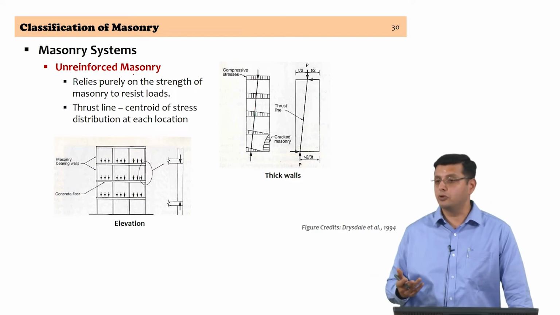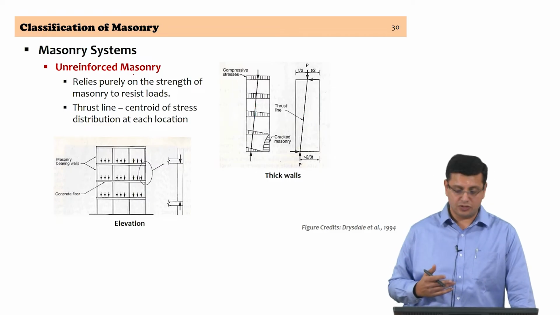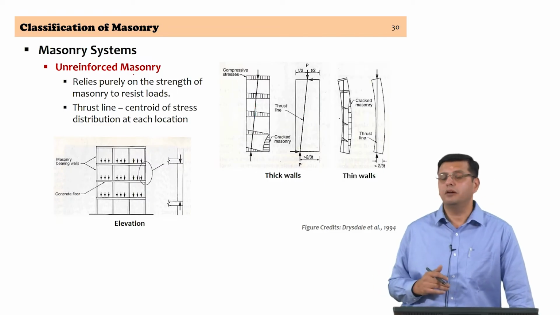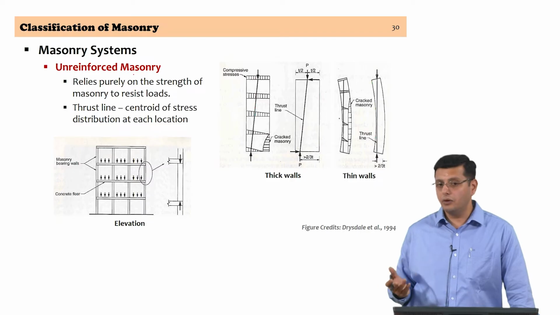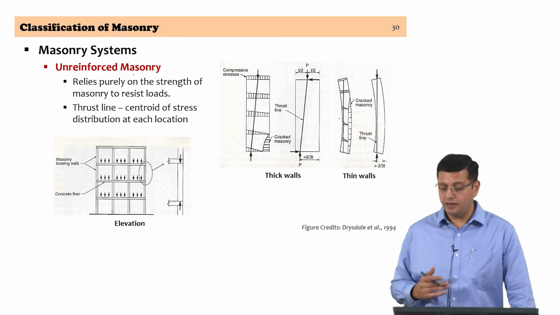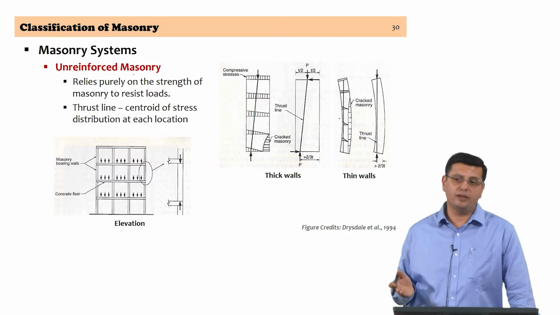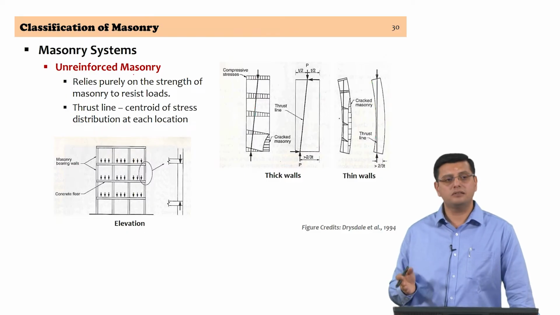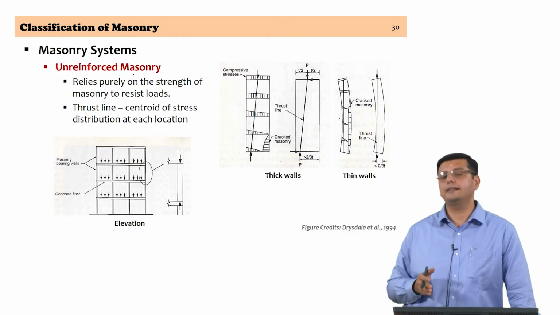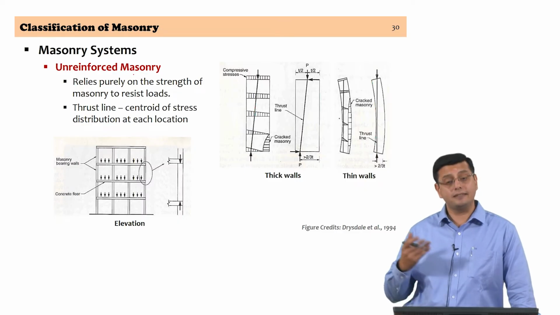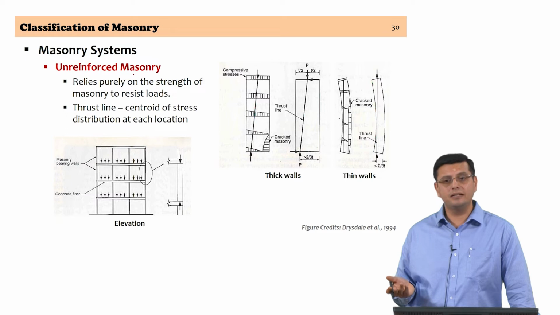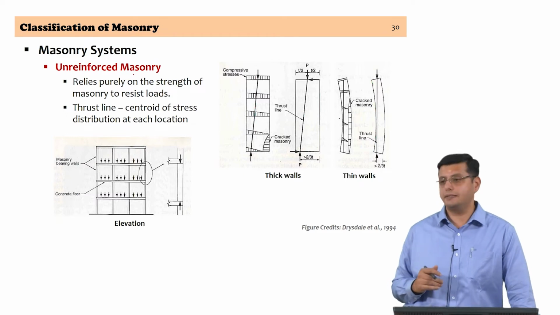If you are building unreinforced masonry constructions today, we might want to look at thinner walls, but the fact remains that if the resultant of the combination of loads crosses the middle third, then you will get cracking in the cross section. You will get tension in the cross section, and if the material is of poor tensile strength, then you will get cracking.